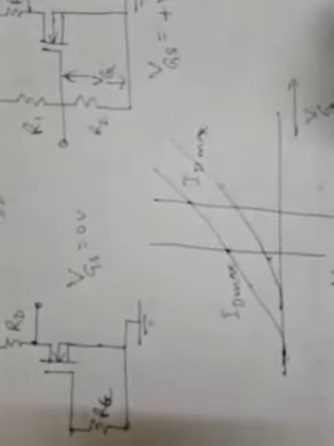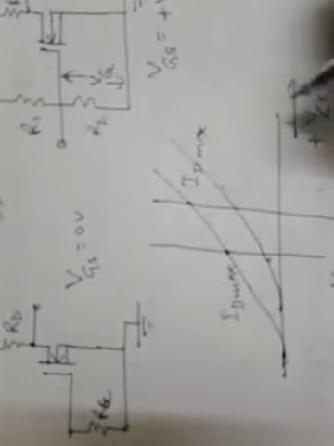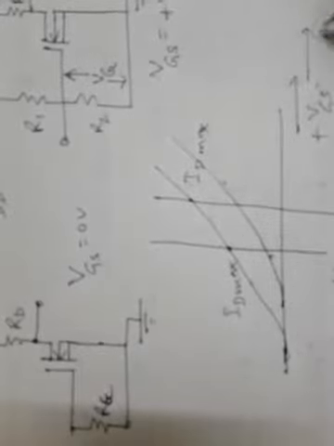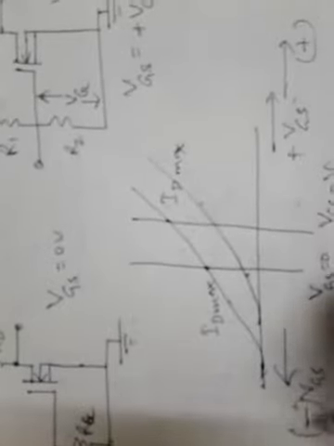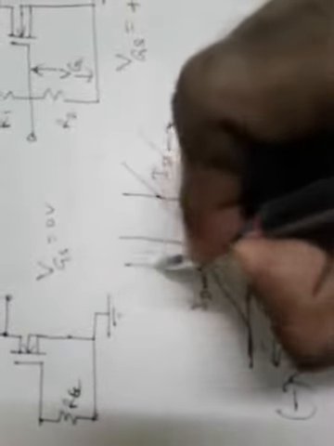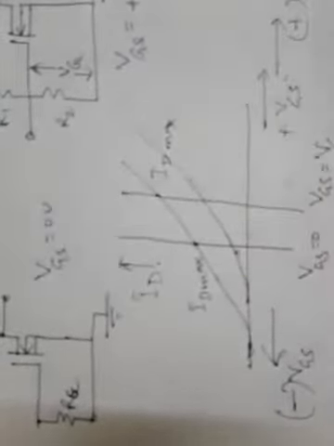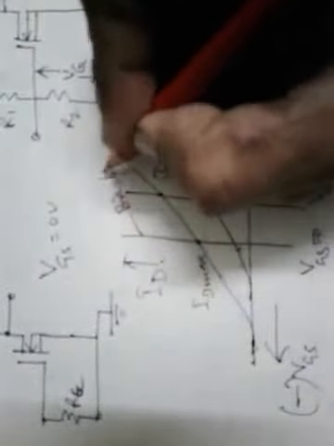In the transfer characteristic, this is the VGS axis. Towards this side it is increasing positively, and towards this side it is increasing negatively. Along this axis ID is shown, and this is the bias line for circuit A. I am not mentioning the load line because we have considered here transfer characteristics.